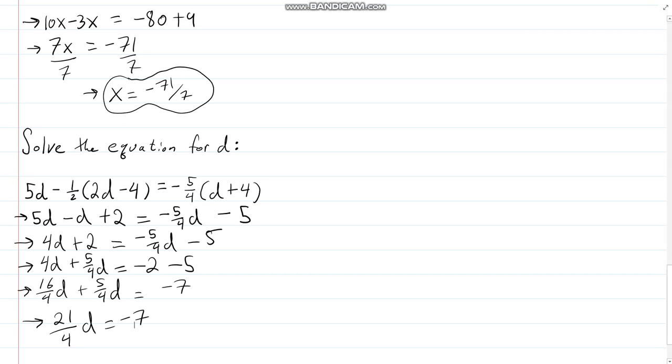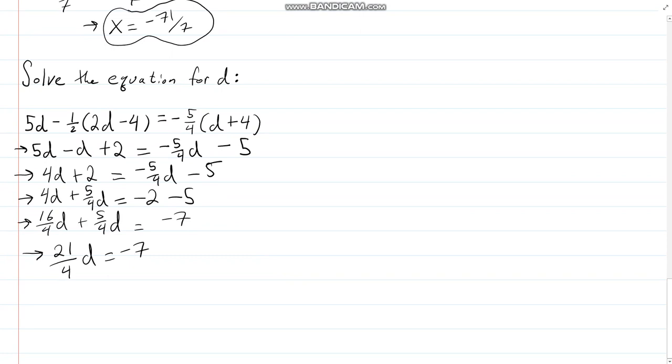Now we need to divide both sides by this 21/4. I find it easier to multiply by the reciprocal. So if I multiply 4/21 by that 21/4 d, and I can do that on both sides, negative 7 times 4 over 21.